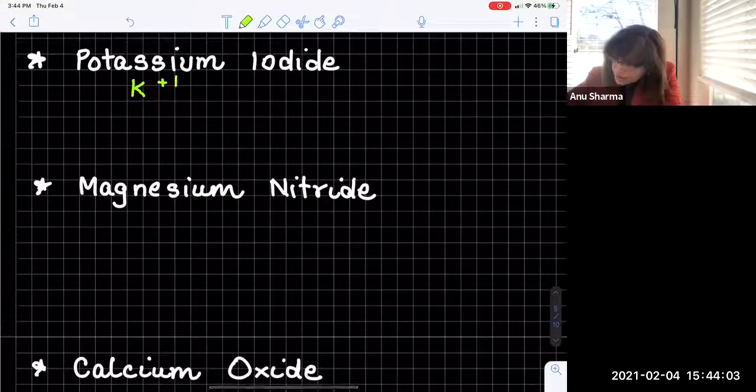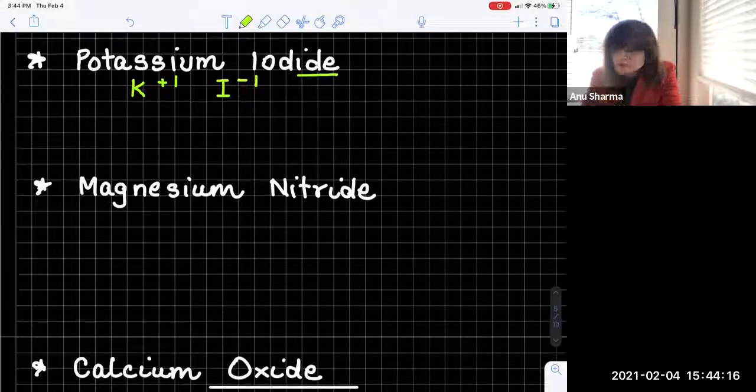Iodine, iodide, it means that it is just iodine by itself. It's coming from group 7A, the charge is -1. So first, always do that.